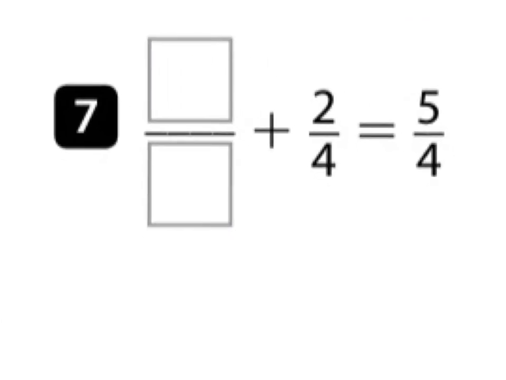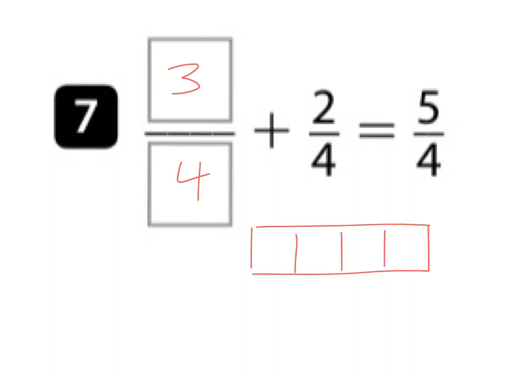Blank plus 2 fourths equals 5 fourths. Everybody say your denominator stays the same. And then blank plus 2 will give me 5. And that would be 3 plus 2 equals 5. So you have your bar model. And remember, wholes always need to be the same size.